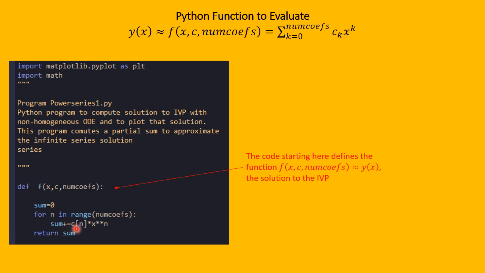I'm going to look at c sub n times x raised to the nth power, and I'll add that to whatever the previous sum was. We started with sum equal to 0, and from that starting point we start adding terms like this to the sum, and when this loop finishes we return the value of sum, which is the value of this partial sum up here.